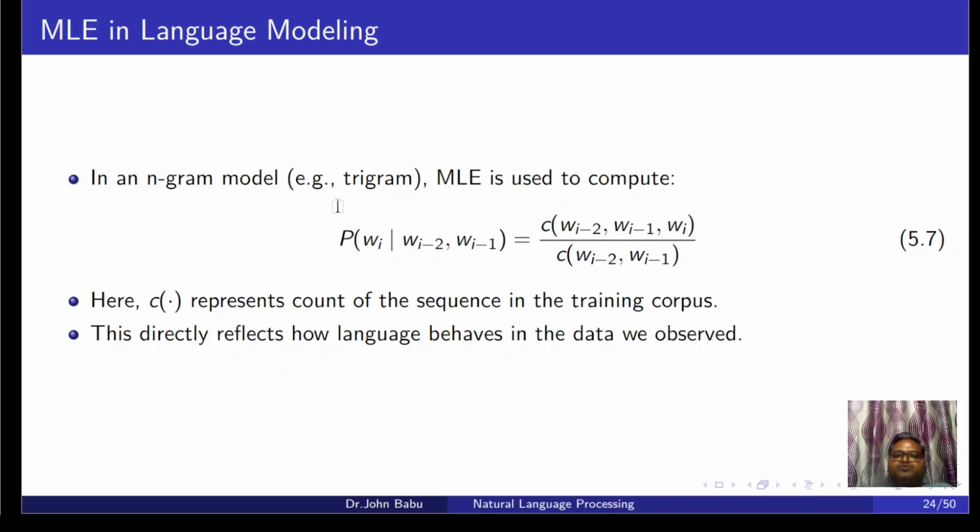Now in language modeling, we'll be calculating this MLE. For example, you are talking about a trigram. Trigram means you are considering the present word and the previous 2 words. Given that these 2 words occurred, what is the probability that the next word will follow? It is the frequency of the trigram divided by the frequency of the bigram.